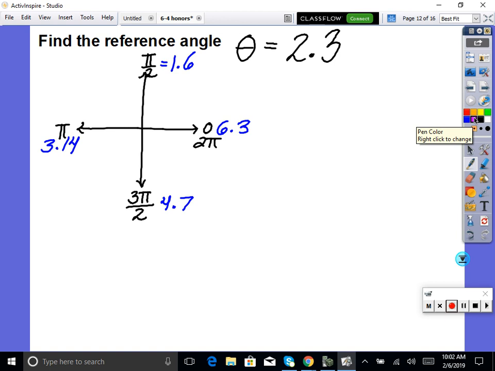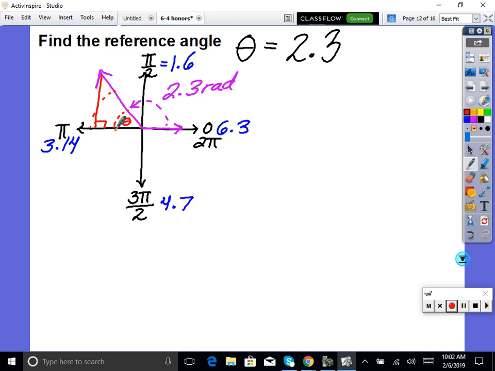Well then let's just start drawing in what we're looking at here. It says positive 2.3 radians, so don't we always start here at our initial side? We need to go 2.3 radian distance. So isn't this from here to here 1.6? This is 3.14, so it's somewhere over here. That is 2.3 radians in distance. Now to do a reference radian, don't we need to drop straight down to the x-axis, create a 90-degree triangle, and we want to know this theta as a radian distance?